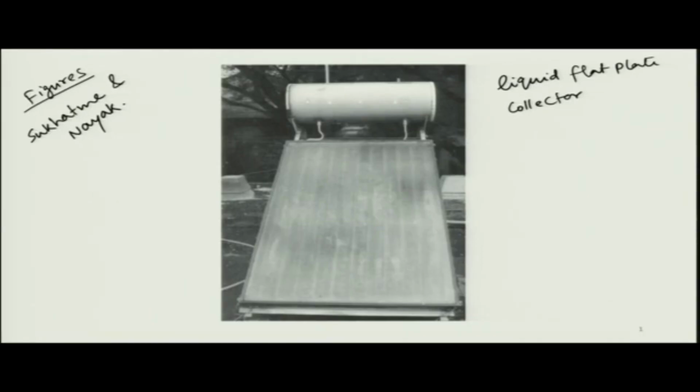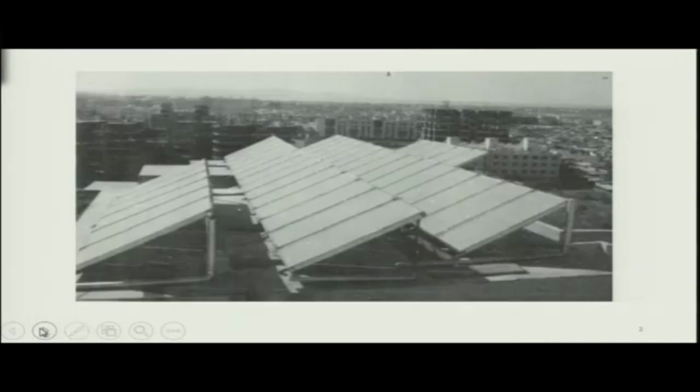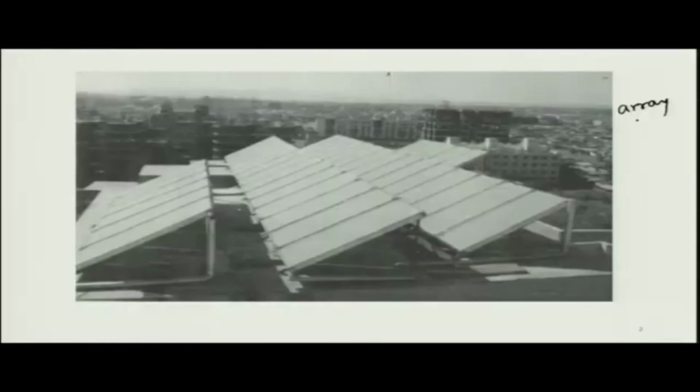So, this is the most common liquid flat plate collector, and then we have seen that when you have a requirement of higher capacity of solar heat collection, as well as some higher temperature requirement, then a single flat plate collector with a tank may not serve the purpose, and that is why we need an array of flat plate collectors.